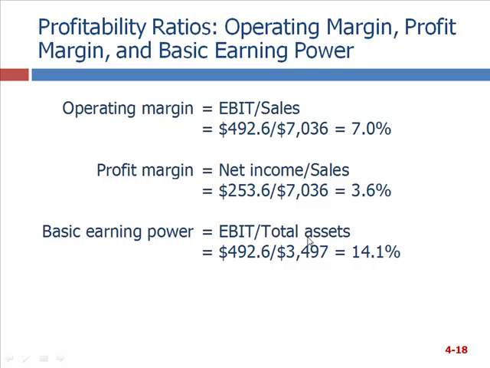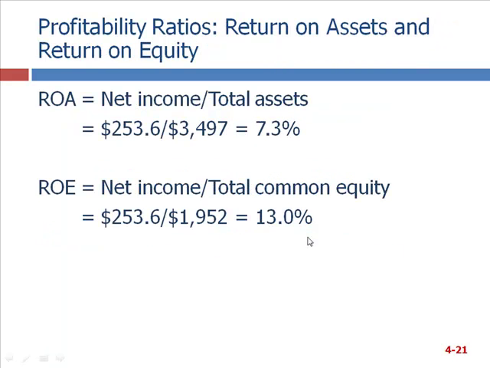Now there are two other very important profitability ratios that I definitely want you to know, and that's return on assets and return on equity. These two are very important because it kind of all boils down to this, especially if you're looking at profitability. Return on assets is net income, a very important number that we want to see high in general, compared to total assets of the firm, the size of the firm.